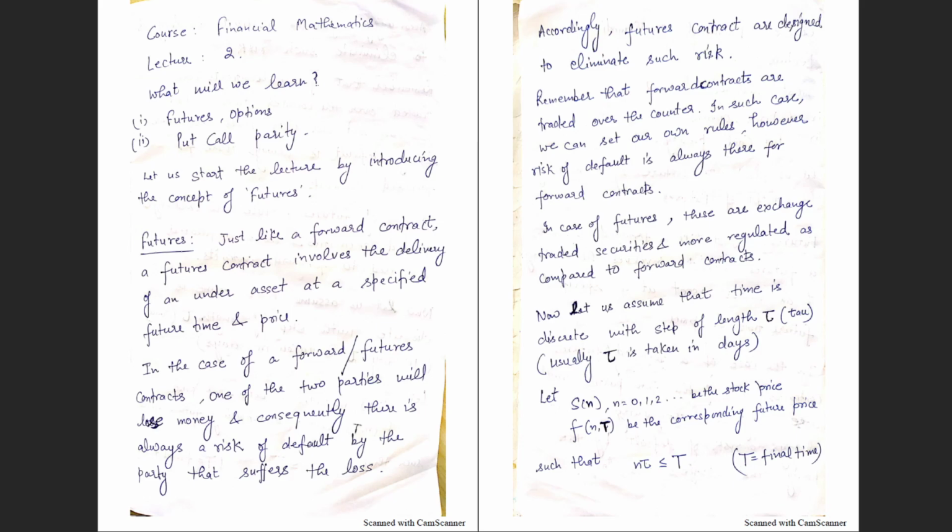So then what is the problem in forward and futures? Since it is a zero sum game, as we have studied in the previous lecture, the profit of one party is always the loss of another party, and the party who is going to suffer a loss may default. There is always a risk of default by the party who is going to suffer a loss.